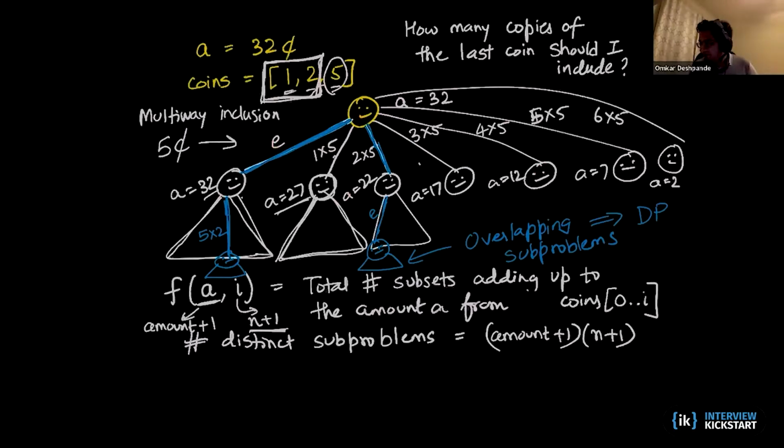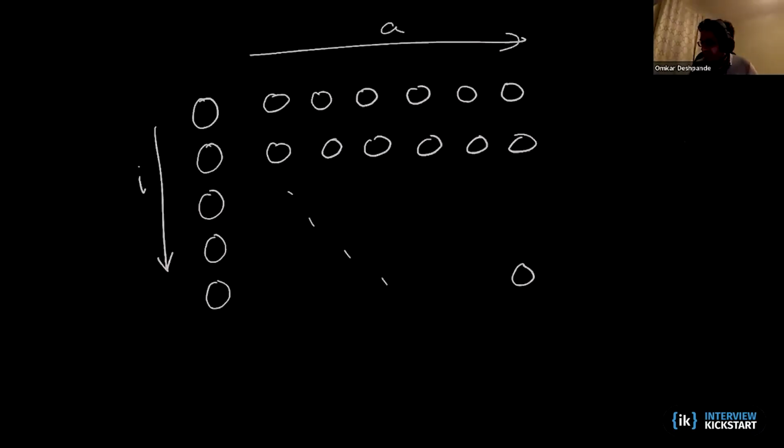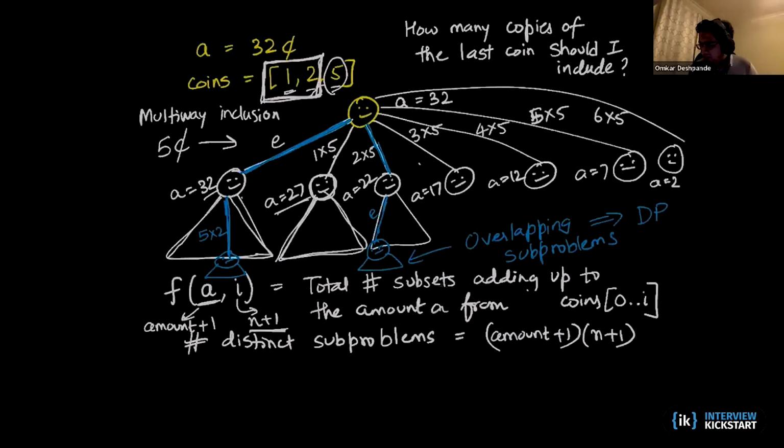These are the options. And so your f value, f of a comma I, if you want to represent it more formally, would be the sum of, so let me just write it here.